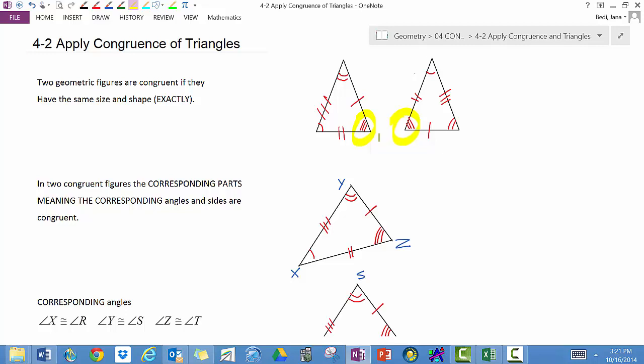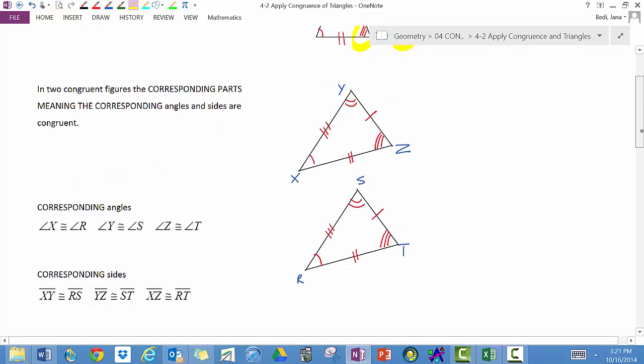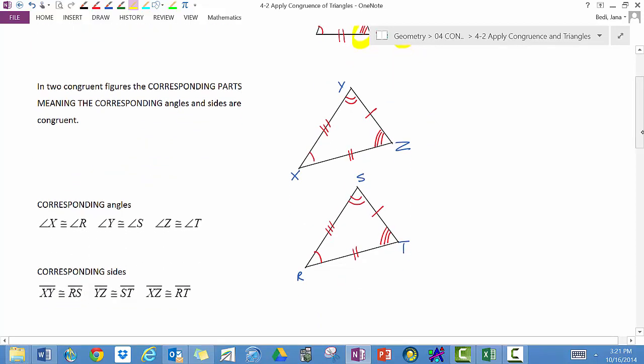In two congruent figures, corresponding parts, meaning the corresponding angles and sides, are congruent. So let's take a look at these two triangles.